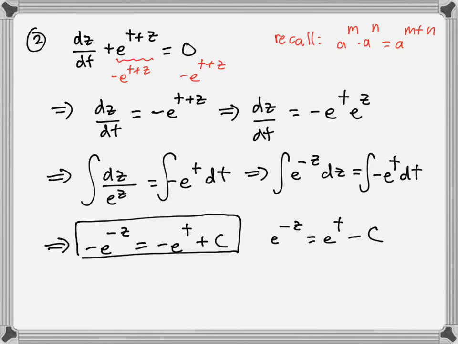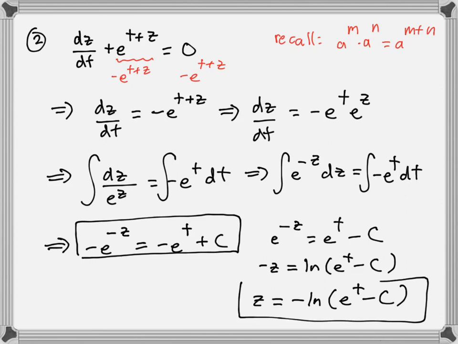Then if I take the natural log of both sides, I get negative z is equal to the natural log of e to the t minus c. And then if I divide both sides by -1, I end up with z equals negative natural log of e to the t minus c. So this is another way that we could leave the answer if we want to have z by itself.